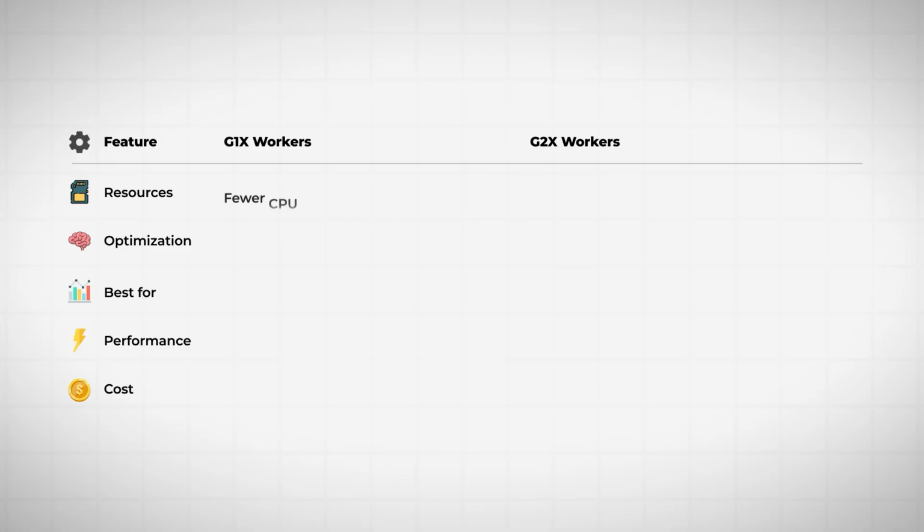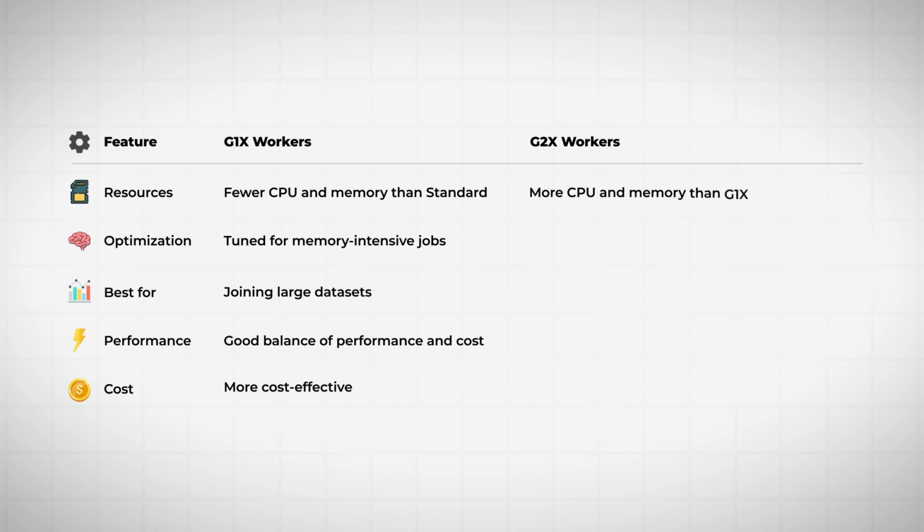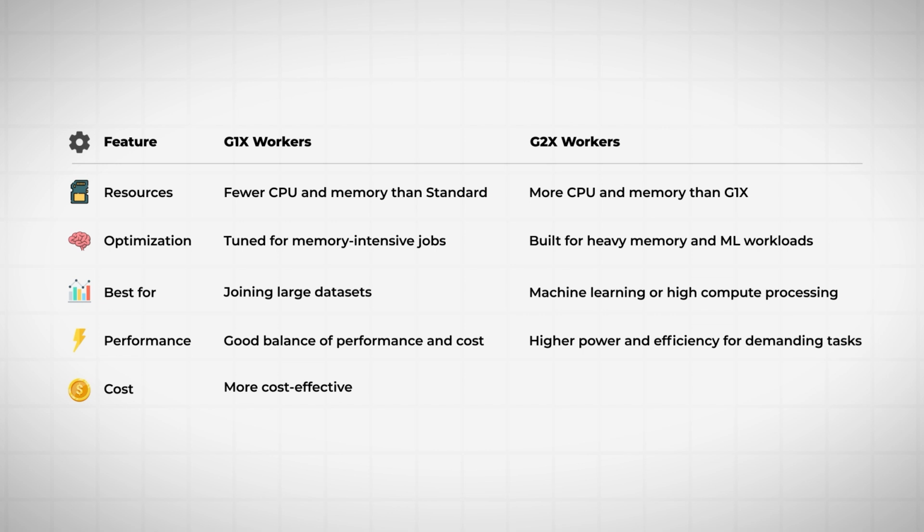G1X workers have fewer resources than standard, but are optimized for memory-intensive jobs. They work well for tasks like joining large datasets and offer better performance and cost efficiency in those cases. G2X workers offer even more memory and CPU, and they're built for heavy memory processing or machine learning tasks. They're more powerful and also more efficient when you need serious compute power.